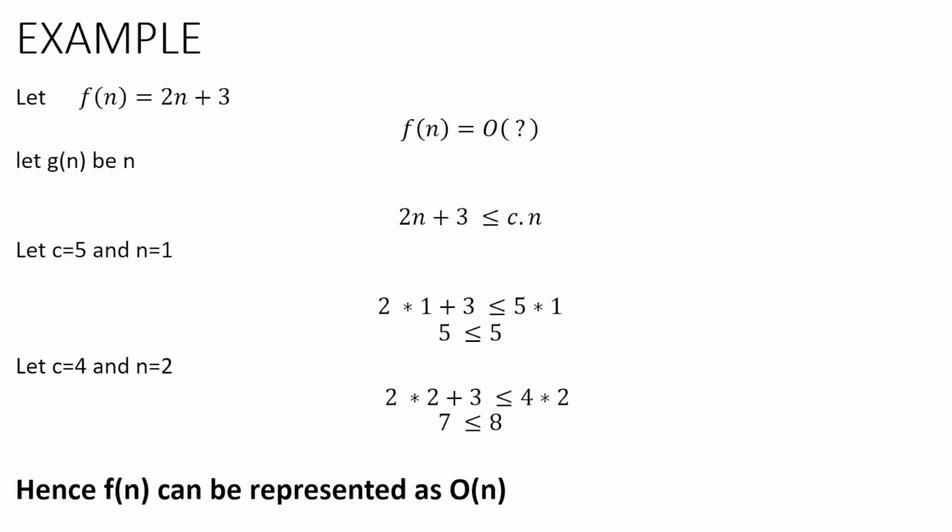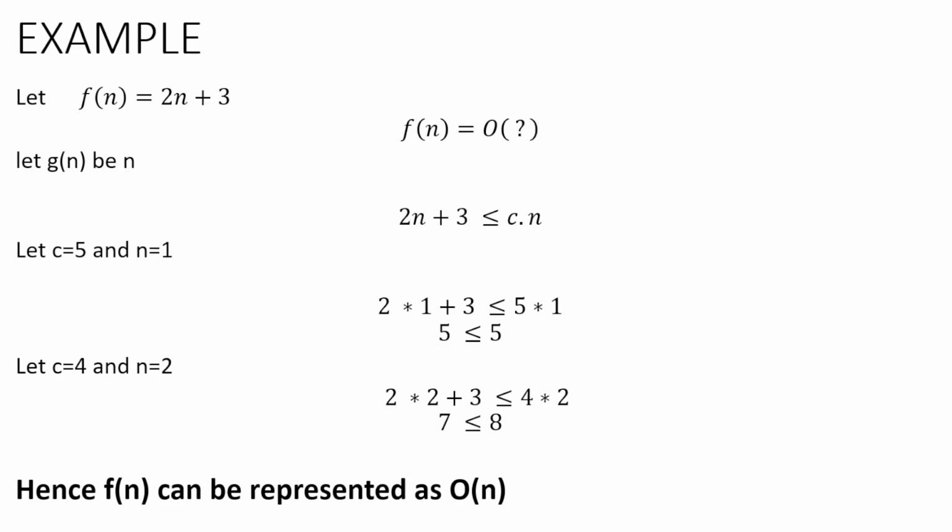Now, this condition also holds good for g of n as n square or g of n as n cube, that is, 2n plus 3 will be less than or equal to c into n square, or 2n plus 3 will be less than or equal to c into n cube, for any value of c, like the minimum value of c as 1. It will hold true. But one thing to be noted here, we should always use the closest function because there is no use of writing higher order functions.